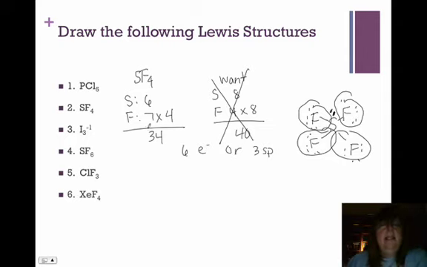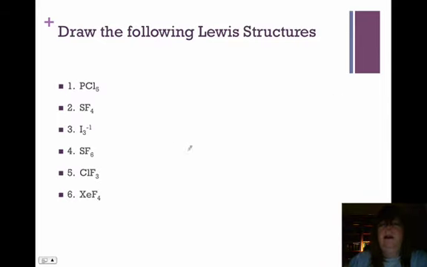All right, let's go ahead and do the next one, I3 minus 1. Okay, we have iodine. It has 7 valence electrons times 3. That negative charge gives us plus 1 more electron. We have 22 electrons to accommodate.